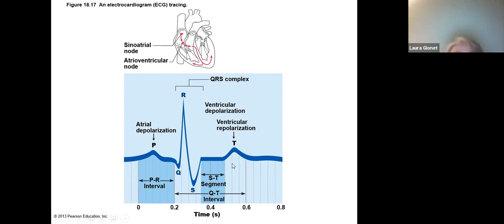And that's heard about where the apex of that T wave is. Different books will vary. It might be a little just above the peak of that T wave and a little bit to the right, but generally, the peak of the T wave is about where you would expect to hear the S2 sound, and the peak of the R wave is when you would be producing the S1 sound.